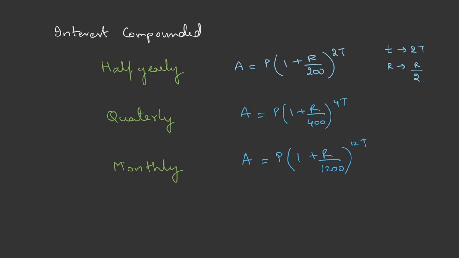Now most of the times, because we have an exponent t, it is better if we learn a little bit of shortcuts. So let's look into the rate of interest, r%. If it is 4, then 5, then 8, 10, 12 and 20. This will be the common rate of interest, and generally time is given 2 years.